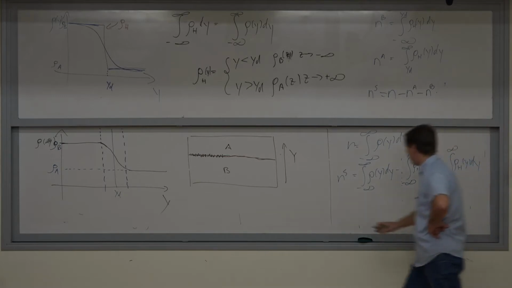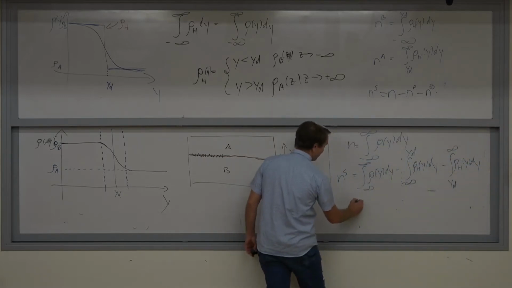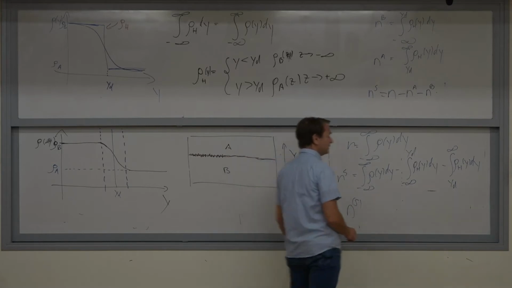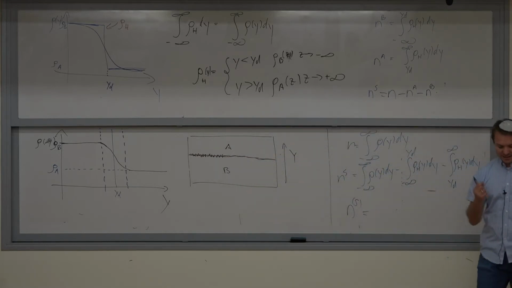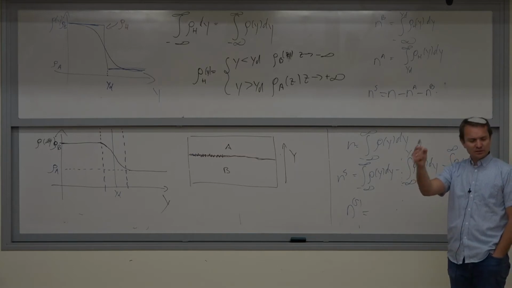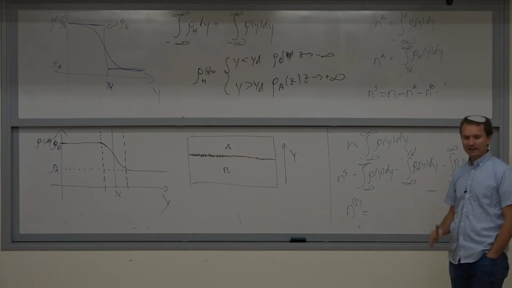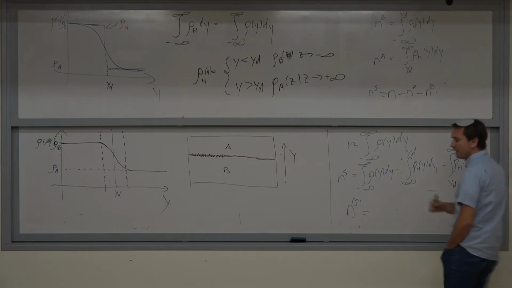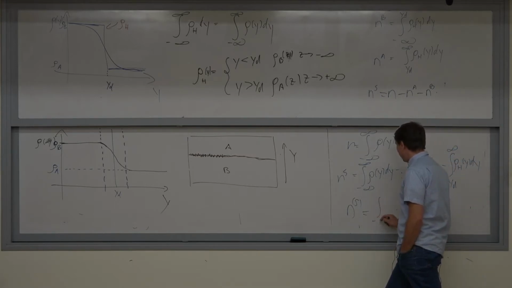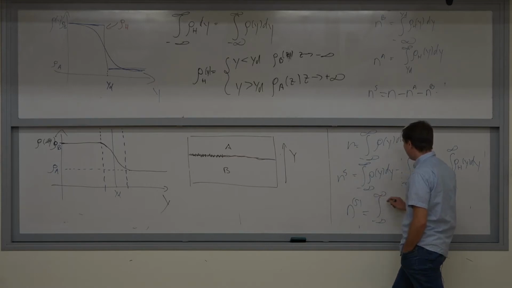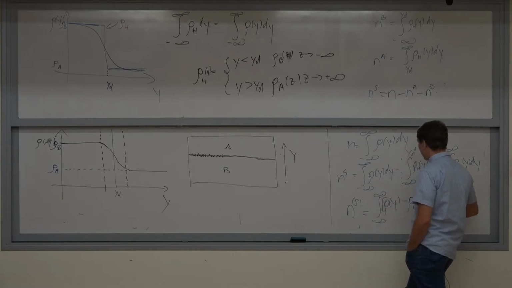And what we obtain is that the number of particles at the surface, if we treat the surface as a specific point or line, one-dimensional or two-dimensional, equals an integral from minus infinity to infinity of rho of y minus rho of h dy. Okay.